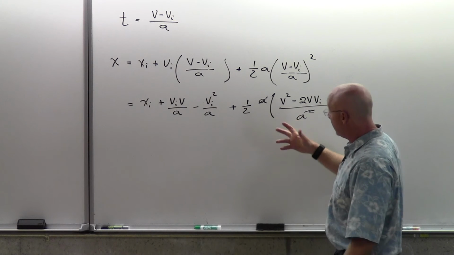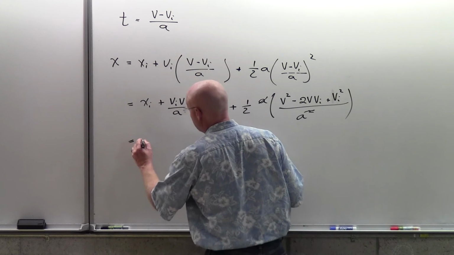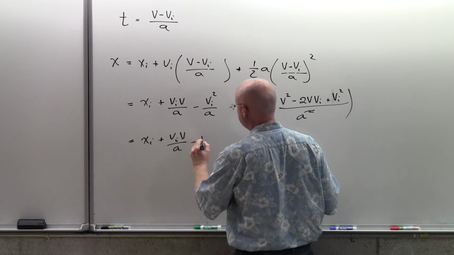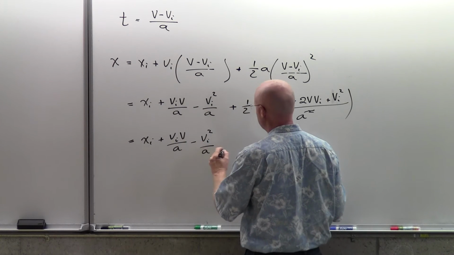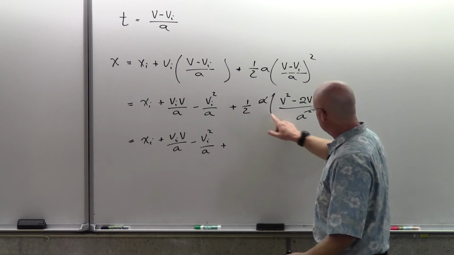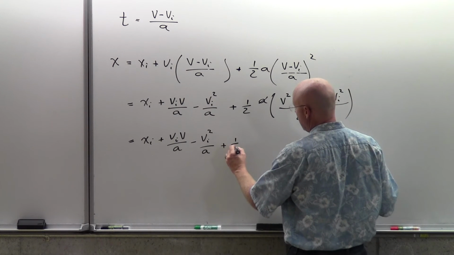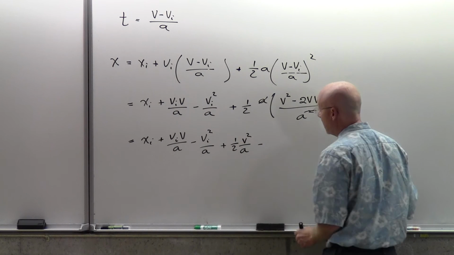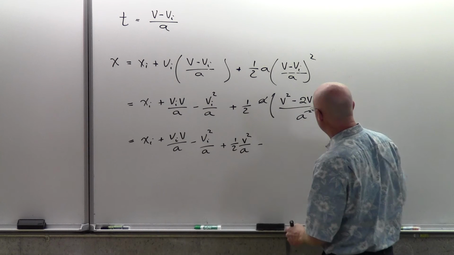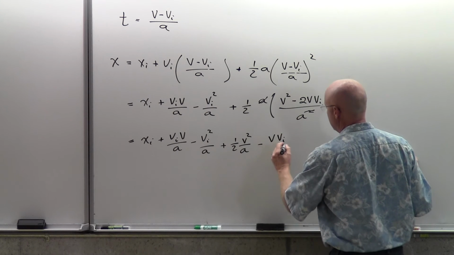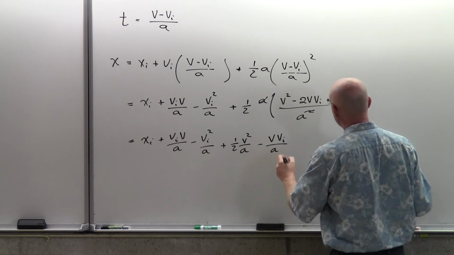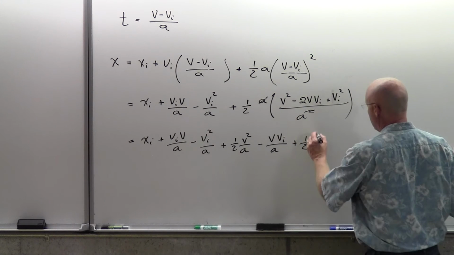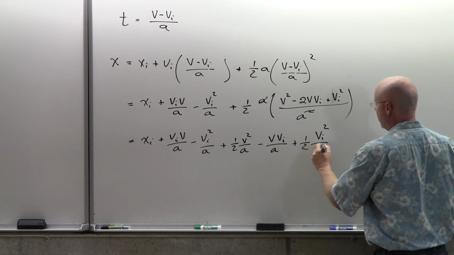And you'll see then that we have some like terms. I'll go ahead and leave the first ones alone here. But you can see this first one is a 1/2 final speed squared over a. The second one, the 1/2 and the 2 cancel off, so it's v and initial v over a. And this last term has a 1/2 initial speed squared over a there.